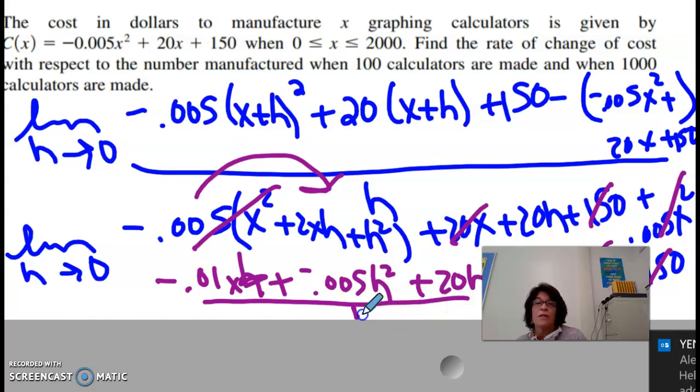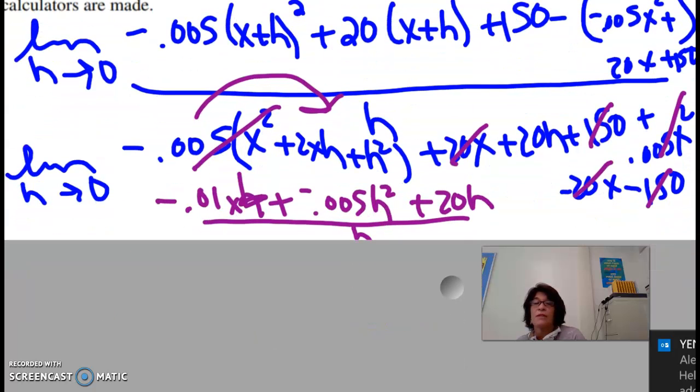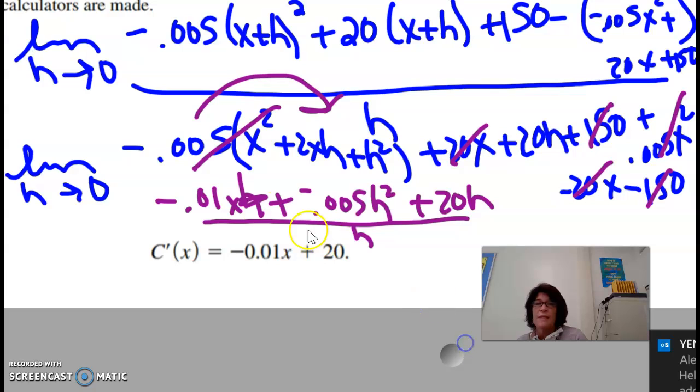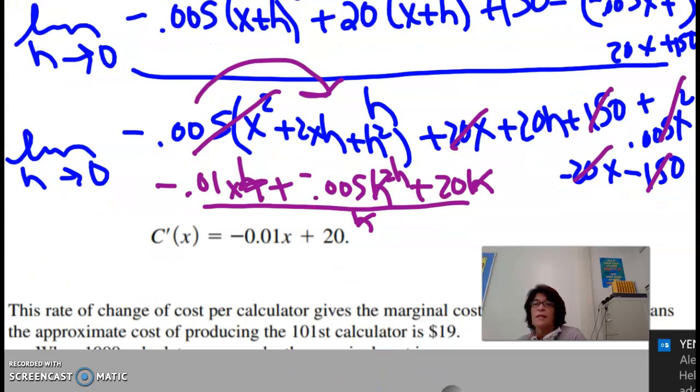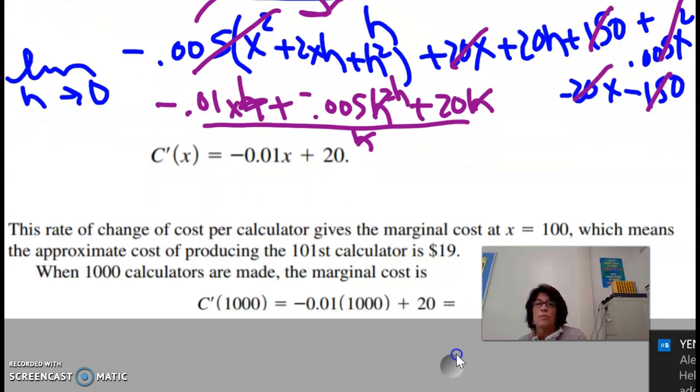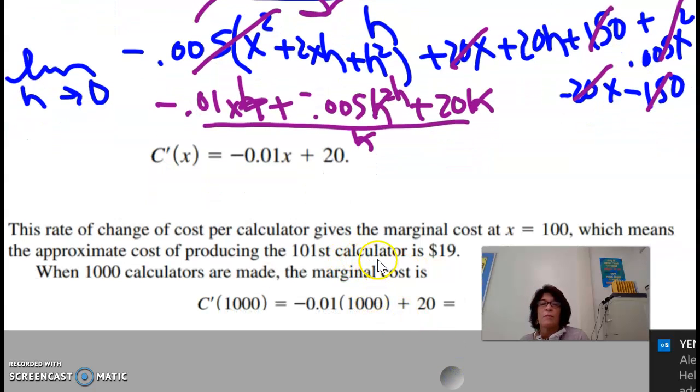So the h does go into everything, good. And when it does, I just get negative 0.01x plus 20, because the h cancels here, but there's still one h there, and then when I put 0 in, that term zeroes out. Okay, so this is telling me the rate of change of cost per calculator gives us the marginal cost at 100.